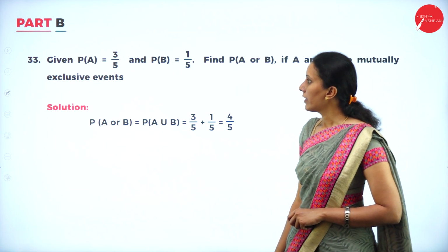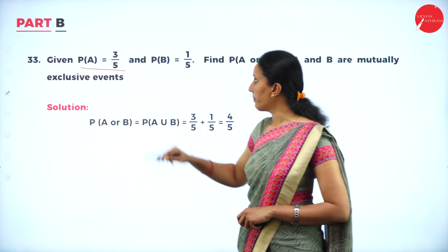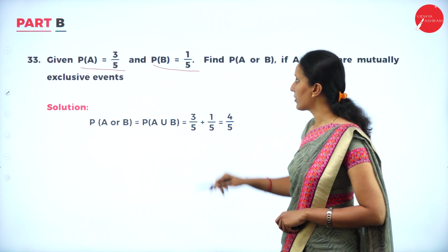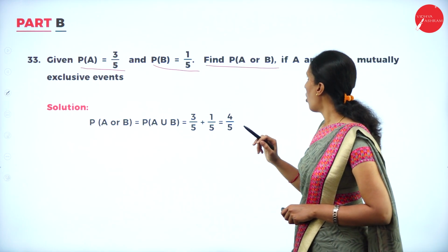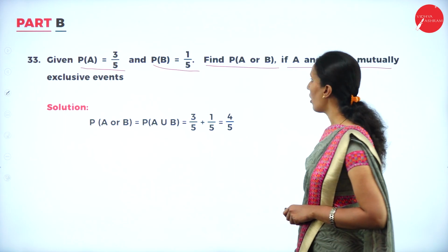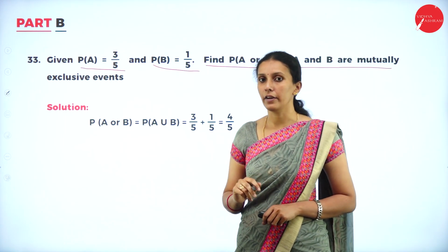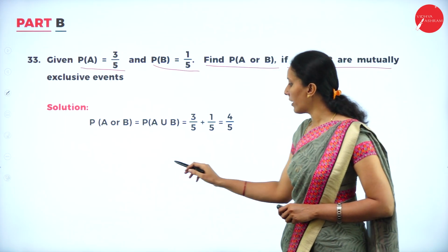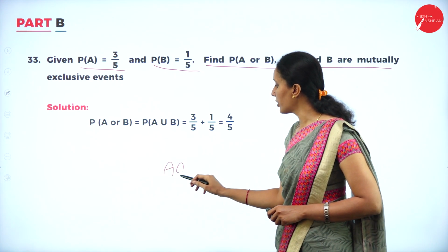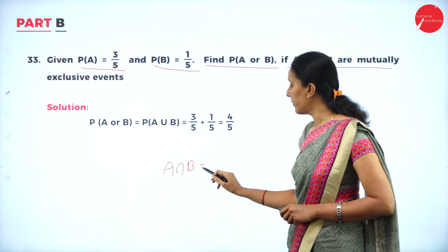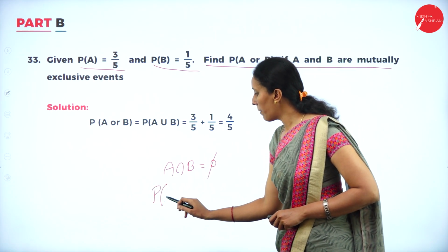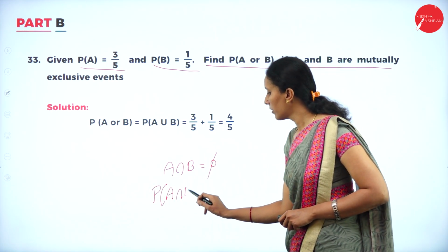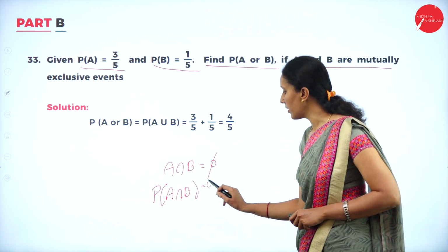Next one, given probability of A is 3 by 5, probability of B is 1 by 5. Find probability of A or B if A and B are mutually exclusive events. Mutually exclusive events means their intersection is empty. If their intersection is empty, the probability value will be equal to 0.